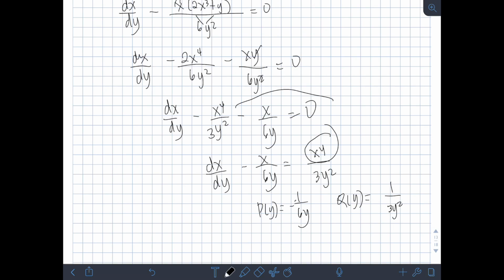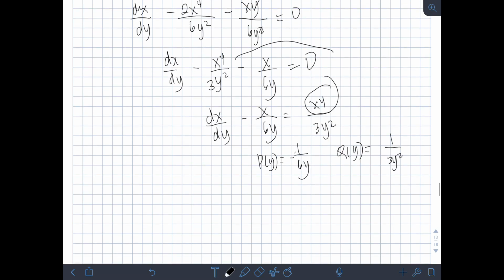So, tinatawag natin to ngayon na Bernoulli equation. Okay, so kapag meron tayong Bernoulli equation, ang unang step, i-divide natin both sides of the equation by x raised to something, which is this time x to the fourth. So, pag dinivide natin both sides by x to the fourth, we have x raised to negative 4, diba?